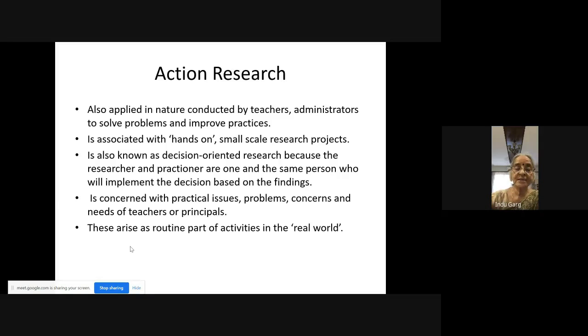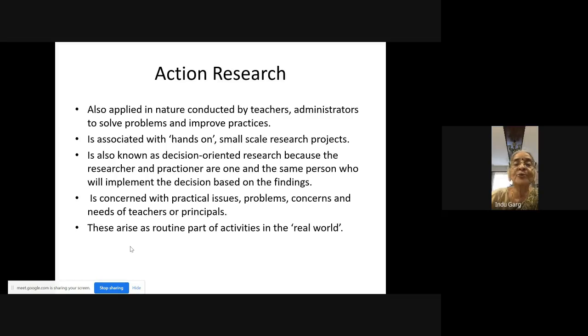So it's a hands-on small scale research conducted in your classrooms. It is decision oriented, because you have to take a decision on how to do reading, how to teach multiplication, how do I apply the theory of learning, how do I make them learn by heart, and how do I make them understand and learn by heart, so many things you're concerned with. Okay, you are a practitioner in the class, you are the person who will find the problem, you are the one who will do some research, an experiment or whatever, and find the solution.